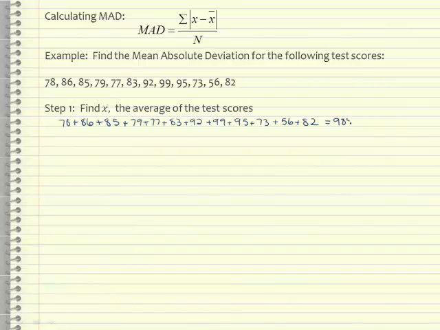Okay, so my sum here is 985, and then I need to divide that by how many numbers I added. So 1, 2, 3, 4, 5, 6, 7, 8, 9, 10, 11, 12 numbers. So I divide that by 12, and I get 82.08. That's my average of the test scores. That's X bar.